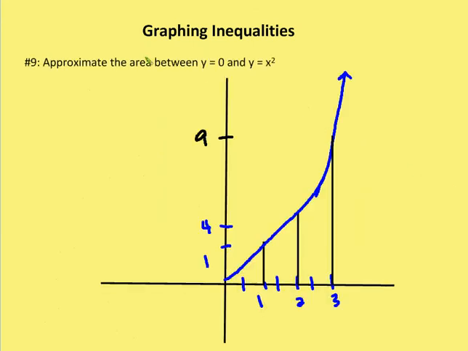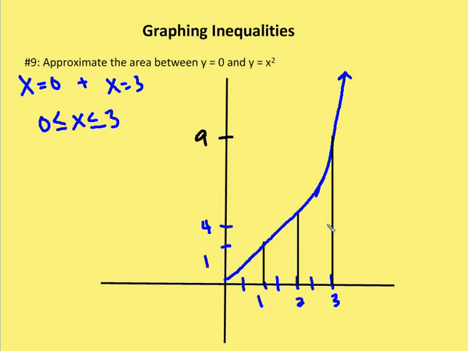Okay, in the final problem, we're asked to approximate the area between y is equal to 0 and y is equal to x squared between x is equal to 0 and x is equal to 3. So we just rewrite that as x is between 0 and 3.